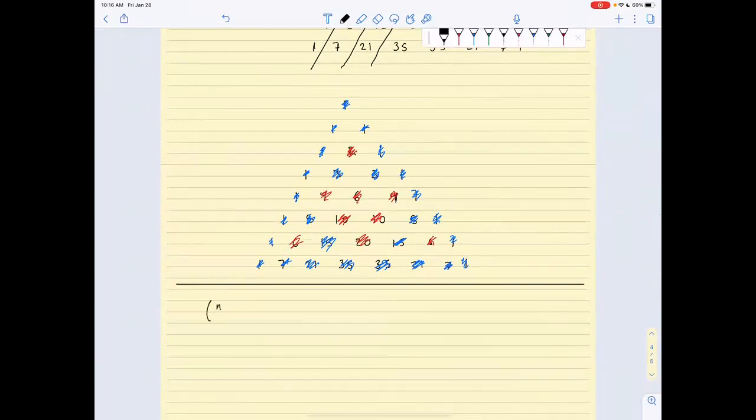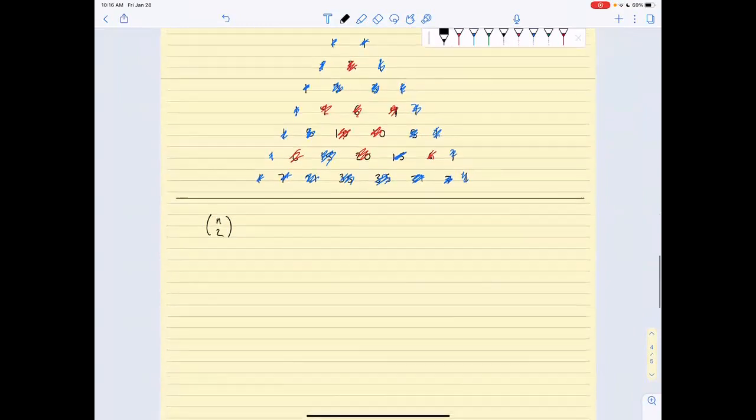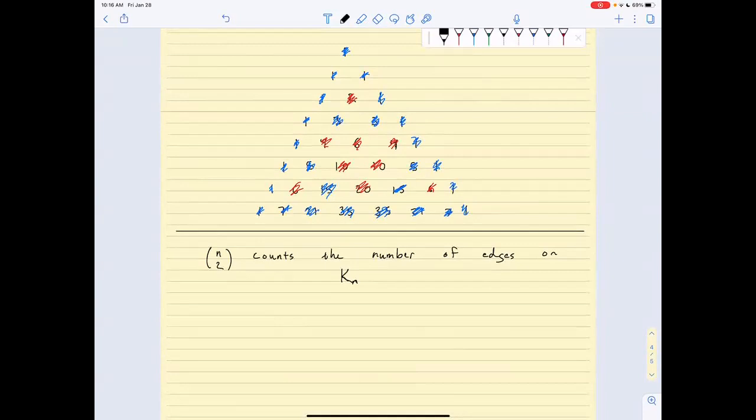So if we look at n choose 2, this counts the number of edges on K_n. Now I'm going to use the lowercase n. Think of the language here.